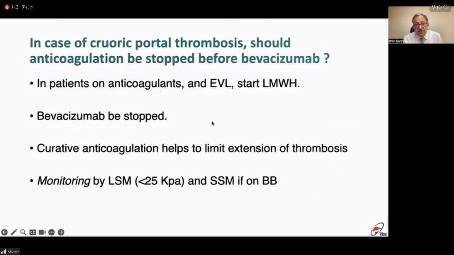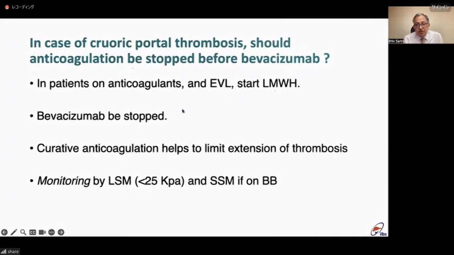Now, a patient has HCC, but the thrombosis is not tumor thrombosis. It is a patient who has benign thrombosis and was on an anticoagulant. So on anticoagulant therapy, he develops HCC. The question is, should we stop anticoagulation before bevacizumab? In patients who are on anticoagulants, you may put them on low molecular weight heparin and do band ligation.